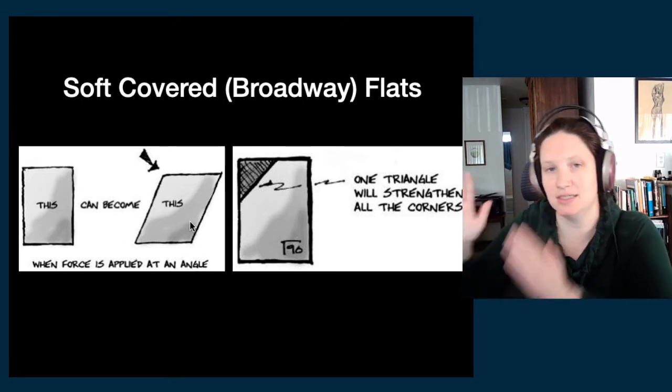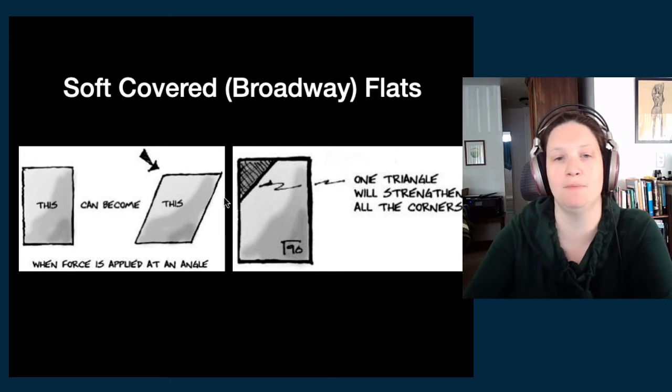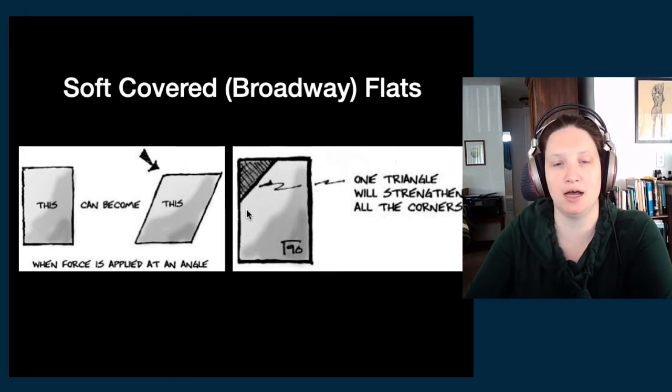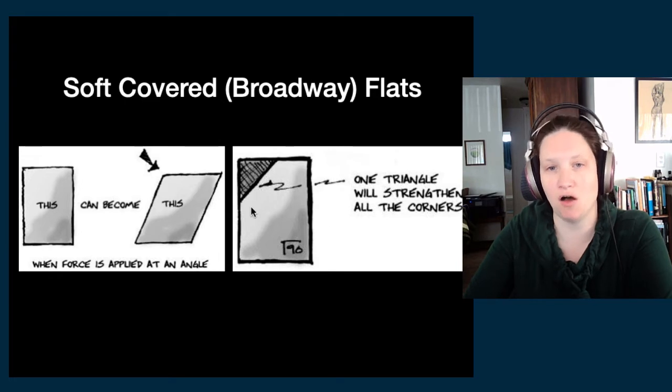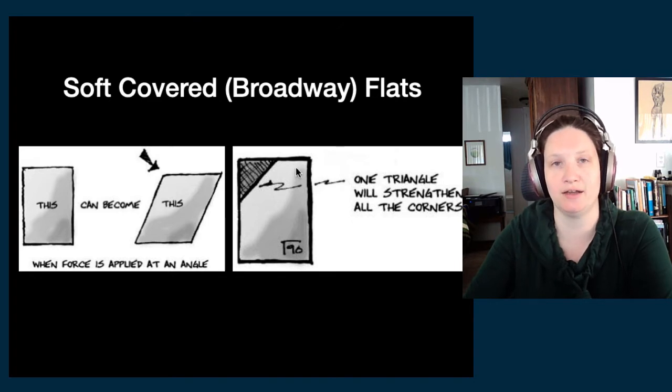You can see it sort of shifting. And that is prevented by putting in a triangular piece or a corner brace. When you've kept one corner square, it will keep all the other 3 corners square, right? You can't squish this rectangle anymore once you have that diagonal brace in.